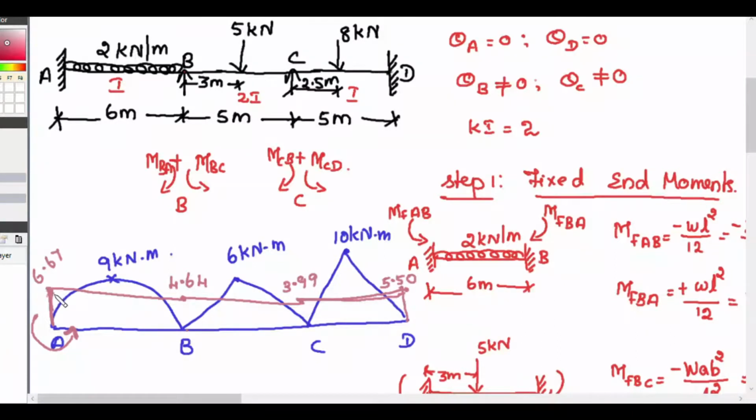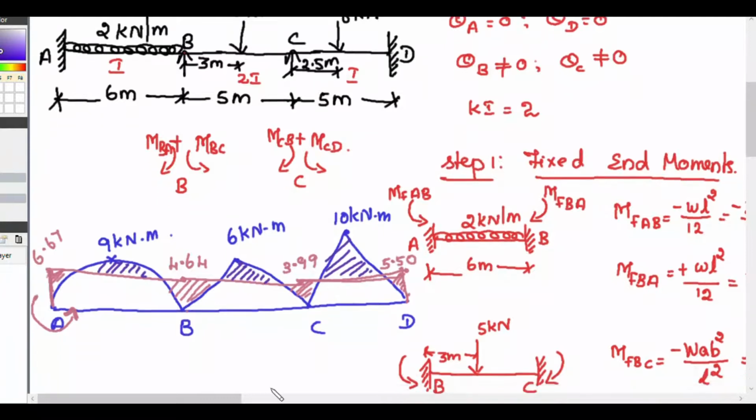So these are negative bending moments. And the positive bending moments are at these portions of the spans. Now, see how we will mark our bending moment.